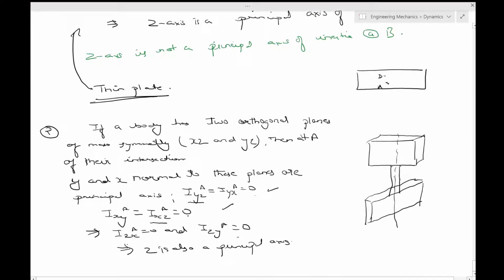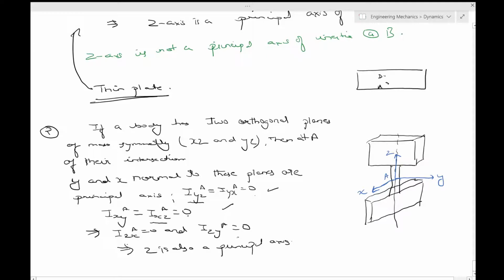So this is Y, Z, A, X. Now if a body has two orthogonal planes of symmetry, XZ and YZ, you can see that this entire body has XZ and YZ as planes of mass symmetry.